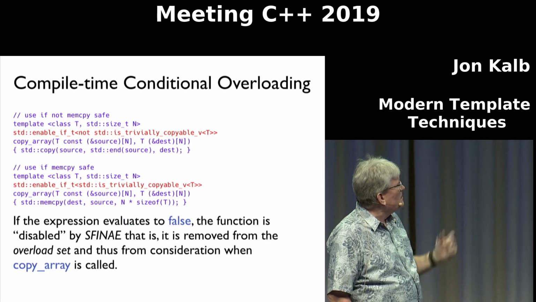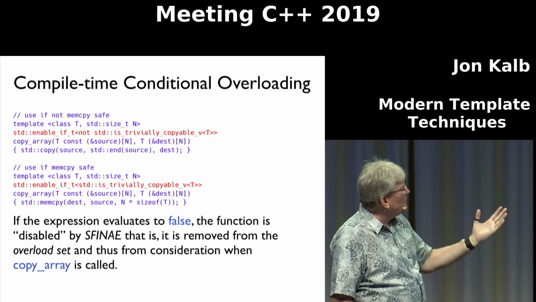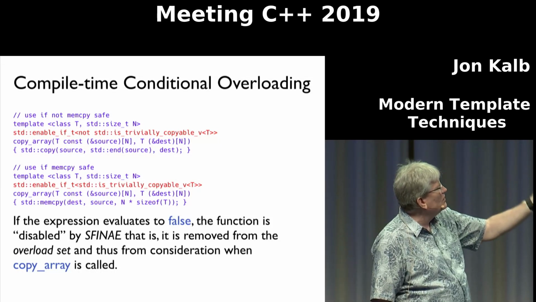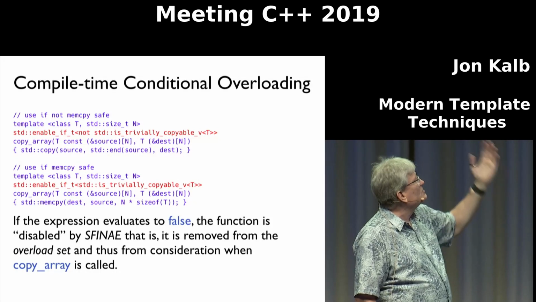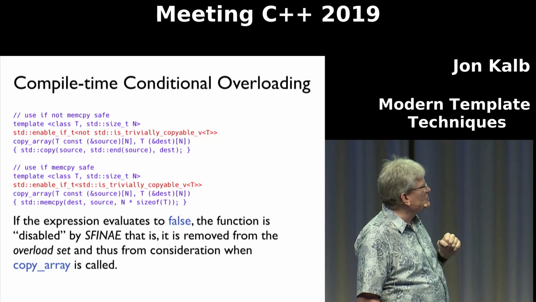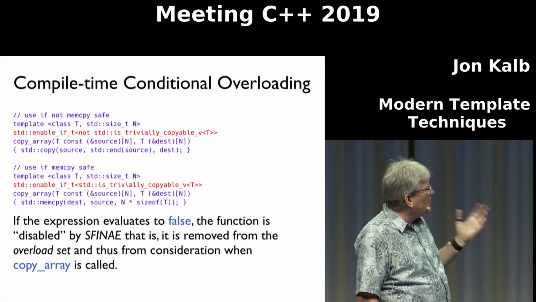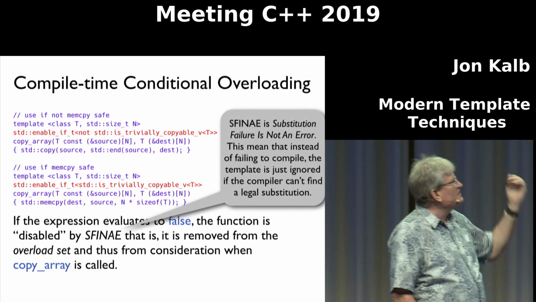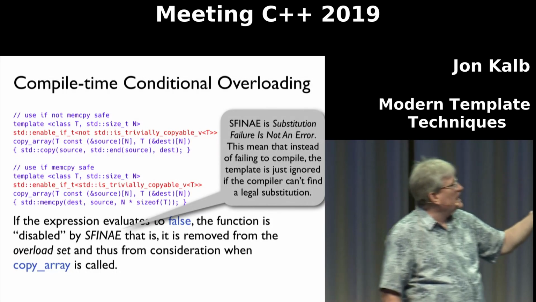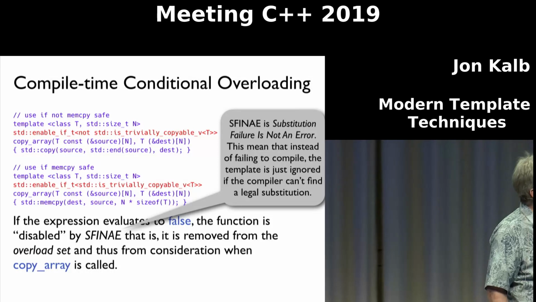All right, so if the expression evaluates to false, notice we've told it what the type is if the expression evaluates to true. And in this case, both of them become void if it's true. But if it's false, then it's disabled by SFINAE. And what that means is SFINAE is an acronym for substitution failure is not an error.